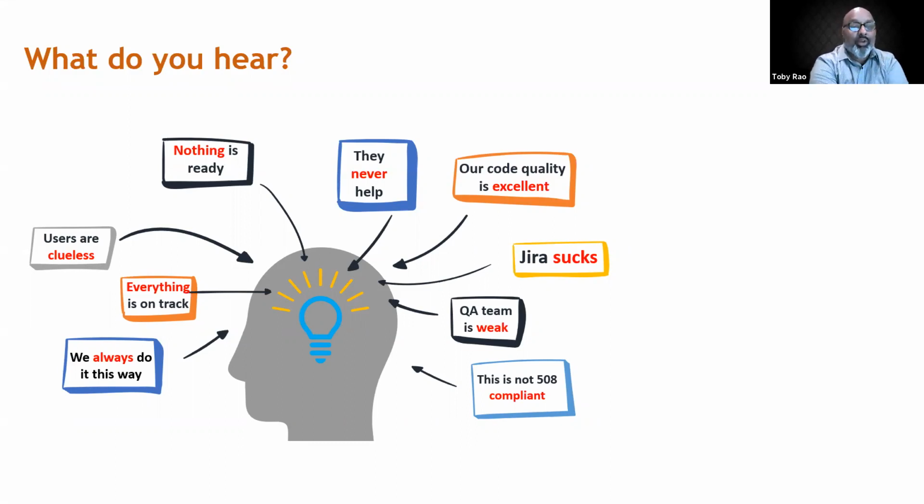You hear that till two days before it goes to production, and then everything goes haywire after that. But till then, everybody is believing that everything is on track. It's not. I've heard people say extreme things like users are clueless. They don't know what button to press. Well, maybe you didn't develop the software the right way, and therefore they don't know what buttons they need to press.